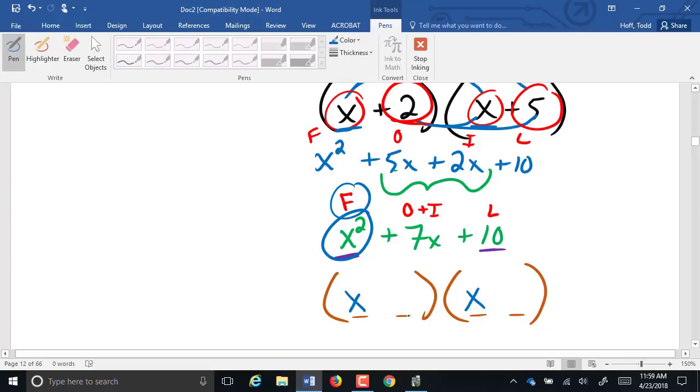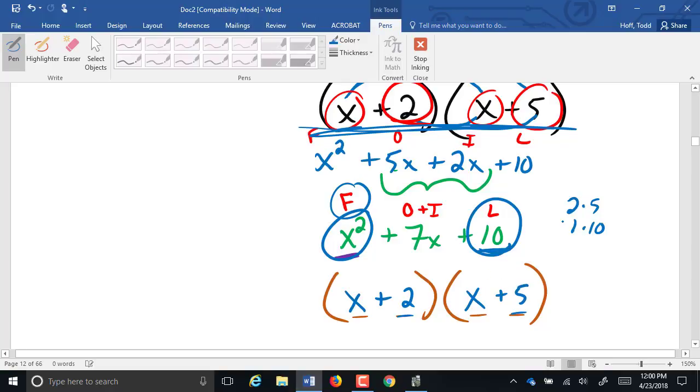Next, we know that the last digits, the second digit in each, those two have to multiply to make the 10. So that means it can either be 2 times 5 or 1 times 10. How do we know which one's right? Well, in this case, we multiplied it out to begin with, so we know it's 2 and 5. But let's put them in there, and I'll show you how we double check.